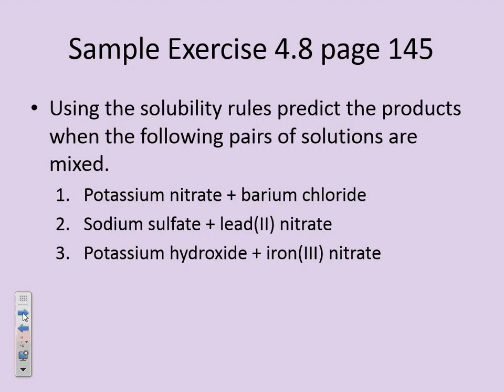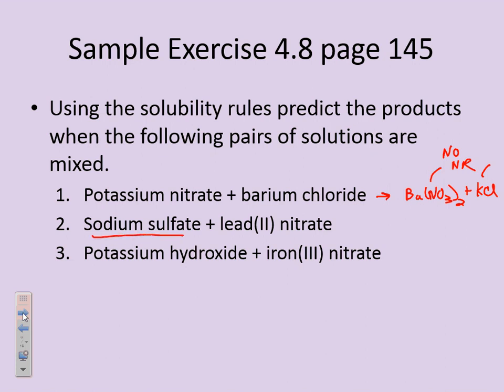If we look at potassium nitrate and barium chloride, when they combine, they would make barium nitrate, Ba(NO3)2, plus KCl. And we're supposed to figure out, do we have any solids? Well, a nitrate's soluble, and a chloride or potassium is soluble, so there's no solid here, or no reaction.